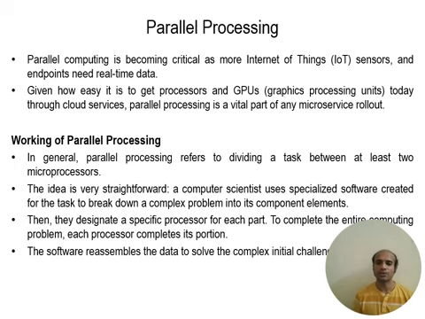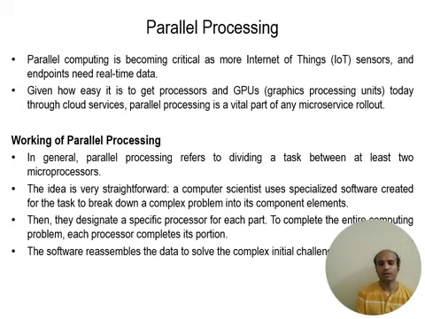The computer scientist uses specialized software created for the task to break down a complex problem into its component elements. Then they designate a specific processor for each part to complete the entire computing problem. Each processor will have to finish its portion.